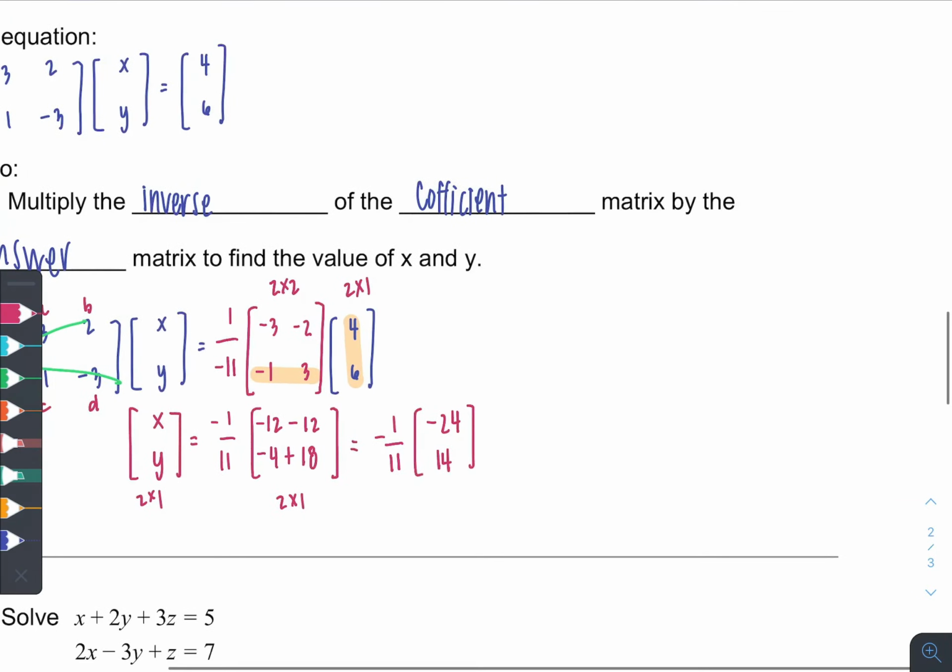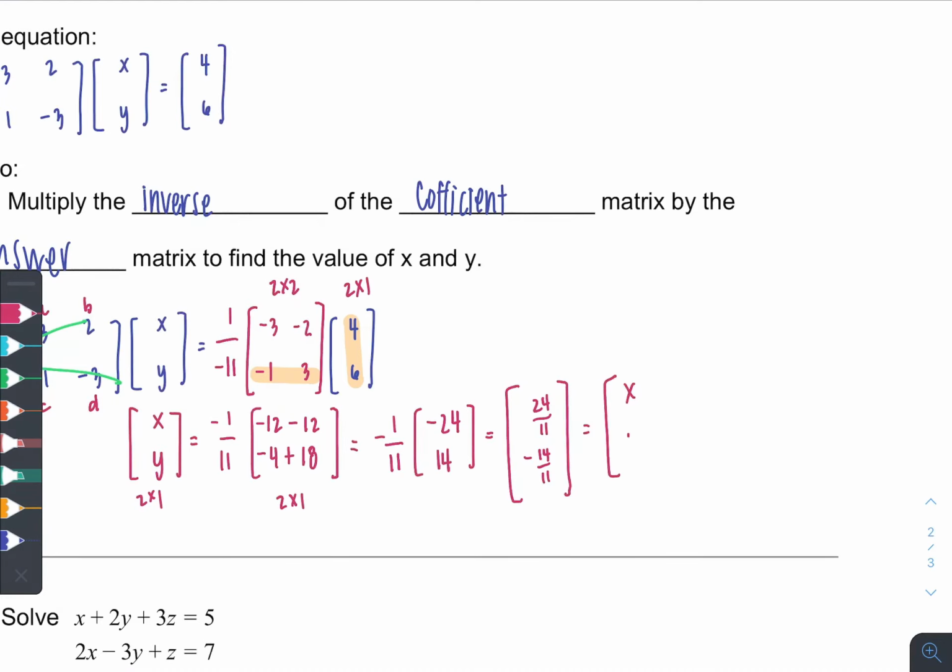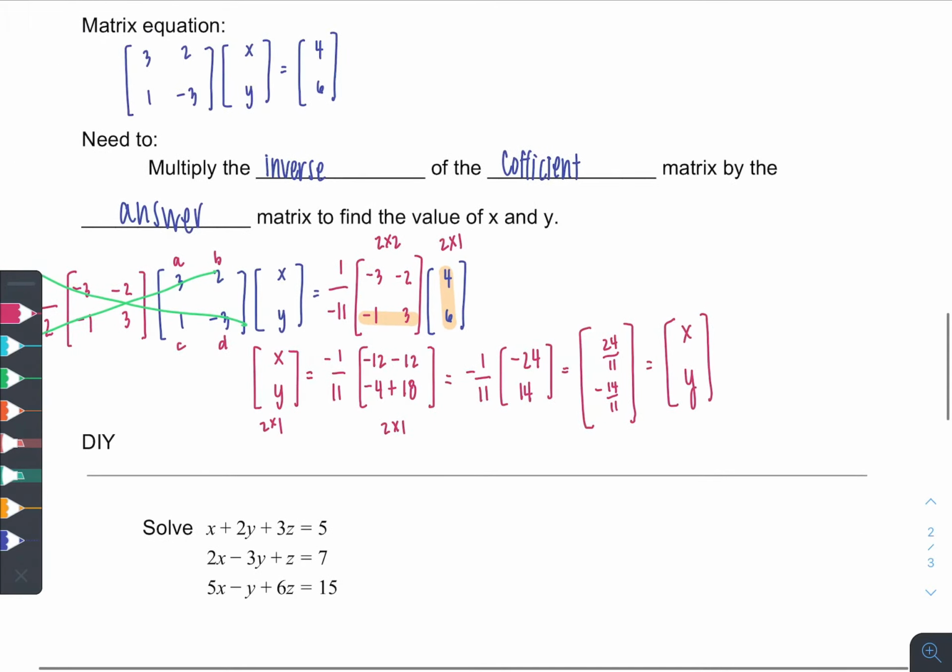All right, and then we'll multiply that 11 through, so this is going to be positive 24 over 11 over negative 14 over 11. It's not a super pretty answer with that fraction, but this is equal to x, y. Okay, so that is how we solve that.